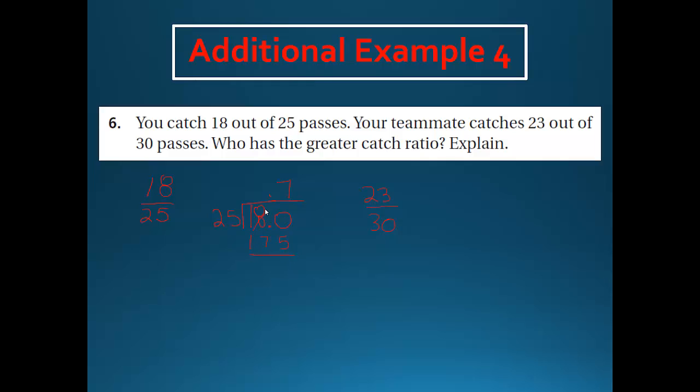When we subtract, we're going to get 5. We would add our 0 and bring it down. And 25 goes into 50 2 times. 2 times 25 is 50. We're going to subtract, we get 0, so we're done. Now we can convert 0.72 into a percent by moving our decimal 2 places. So 1, 2 would make it 72%.